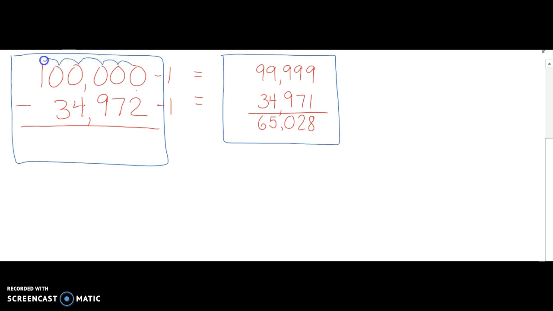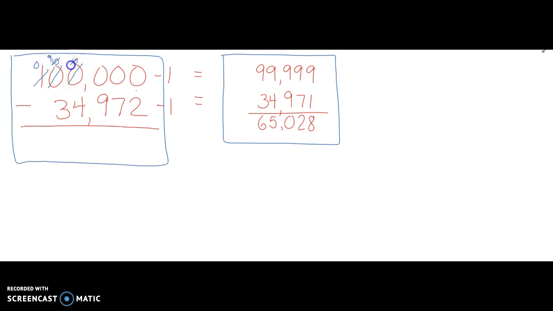I have to go clear over here to the 100,000s place. So that's what I'm going to do. I'll start with the 100,000s place, take 1 away, take that 1 that I borrowed, that I regrouped, and turn it into 10 in the 10,000s place. And now I have enough to regroup.